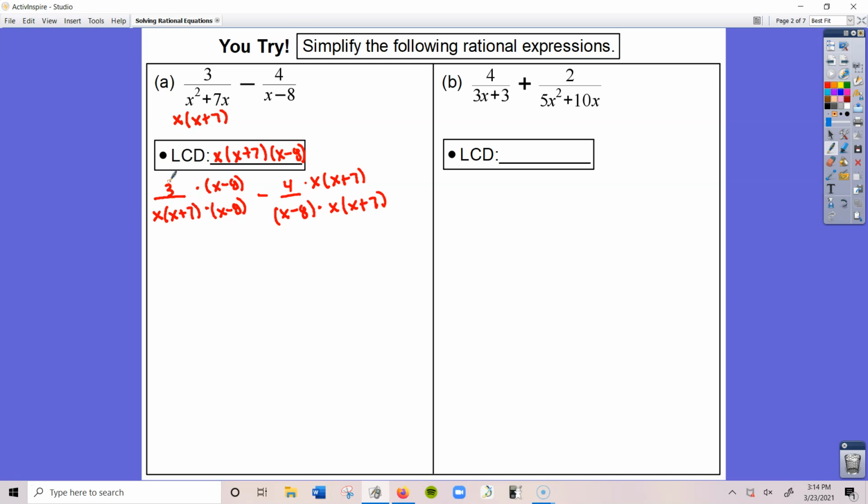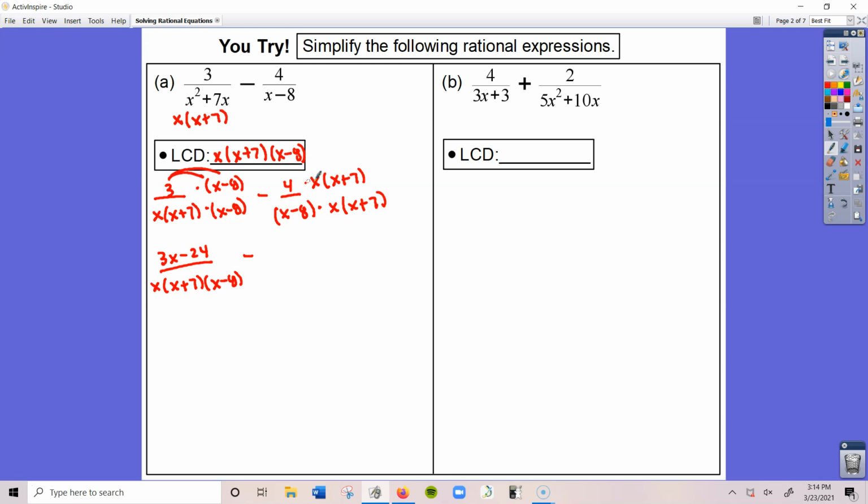Now we're going to distribute. So I'm going to distribute this 3, which would give us 3x minus 24, all over x times x plus 7 times x minus 8. Minus, now here we have 4x, which I'm going to multiply with x plus 7.